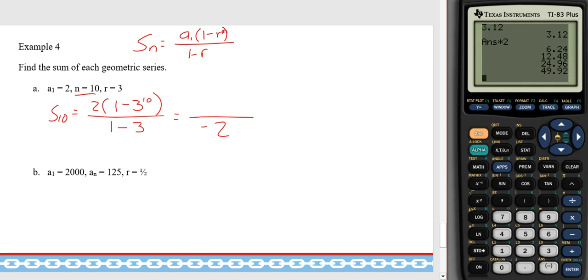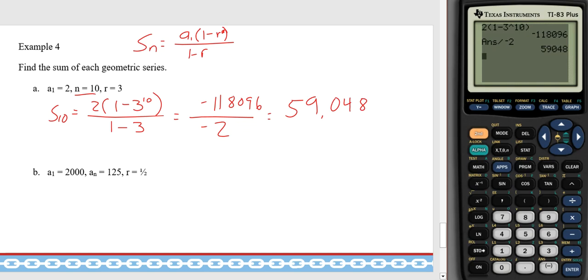And for my numerator, I am just going to type that into the calculator: 2 times 1 minus 3 to the 10 power. That gives -118,096. And then my last step is to divide out the -2, for a sum of 59,048.